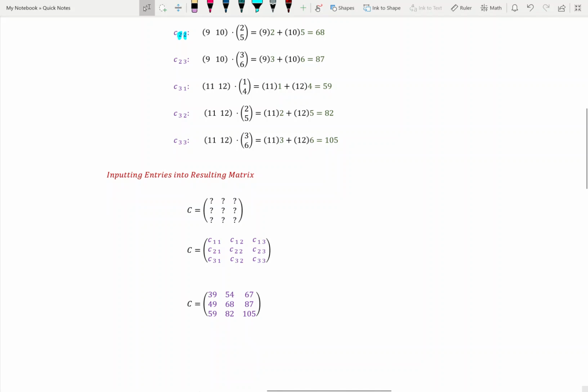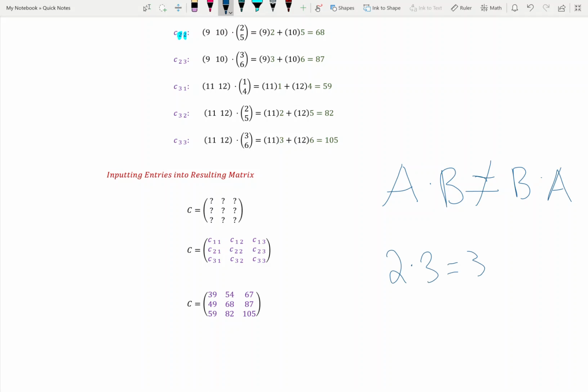This tells us that A times B does not equal B times A. Matrix multiplication is not commutative. It's not like regular multiplication. If I'm doing regular multiplication, 2 times 3 is the same as 3 times 2. But when you multiply matrices, it is not the same.